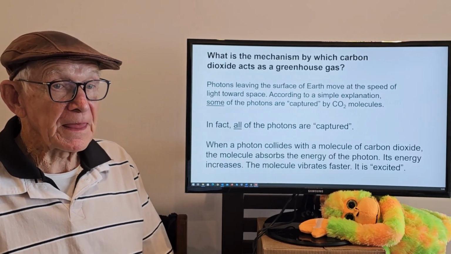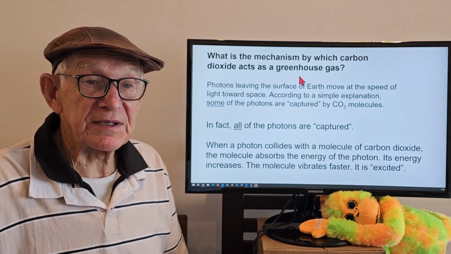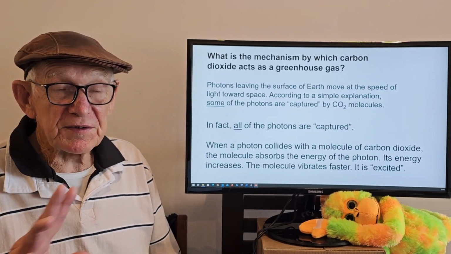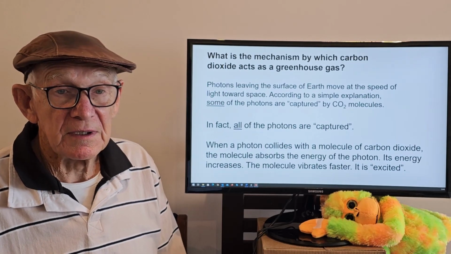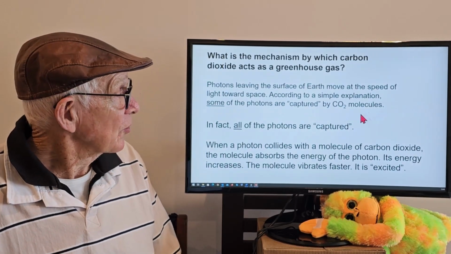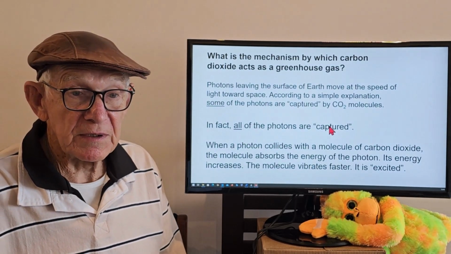All right. So what is the mechanism by which carbon dioxide acts as a greenhouse gas? So you have this picture. Photons are leaving the surface of the Earth going in all directions. And the explanation we've said is that some of the photons are captured. Well, in fact, all of the photons are captured.